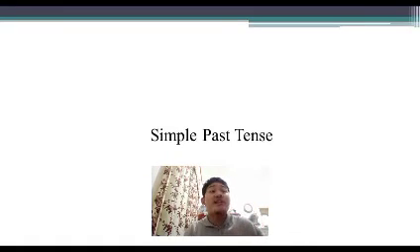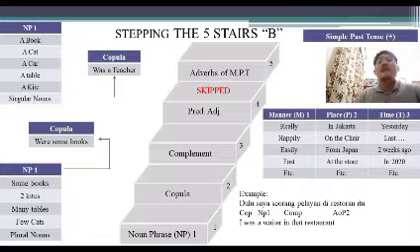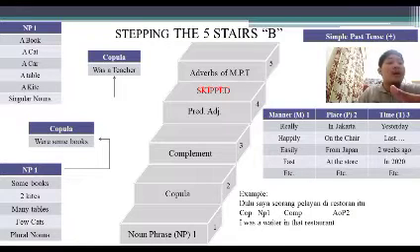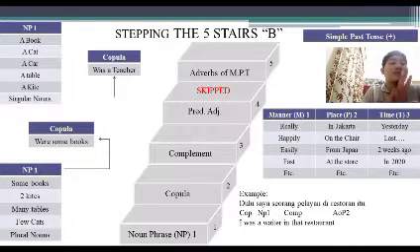Now, the second tense is simple past tense. Ladies and gentlemen, in simple past positive, as you can see, for the NP1 singular noun, we use was for the copula, and for NP1 plural noun, we use were, because a singular noun describes one thing and a plural noun describes two or more.